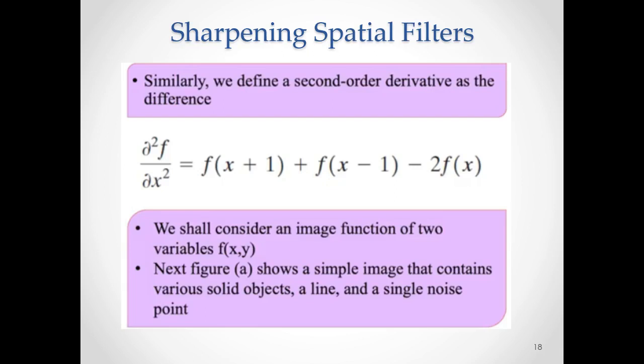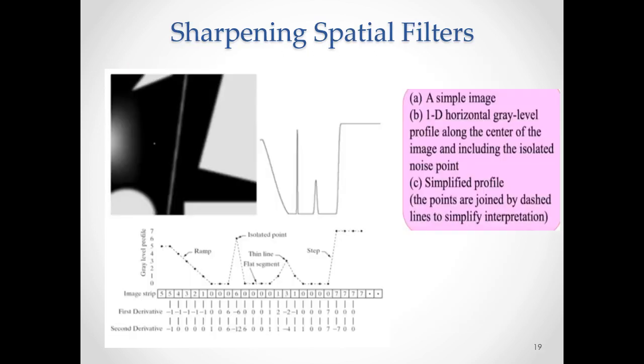Now, let us find the values for first order derivative and second order derivative. The first order derivative defines that f of x plus 1 minus f of x. So, if you consider this value, this is f of x and this is f of x plus 1.